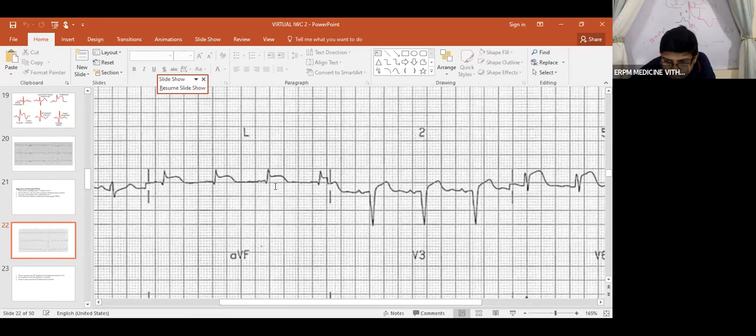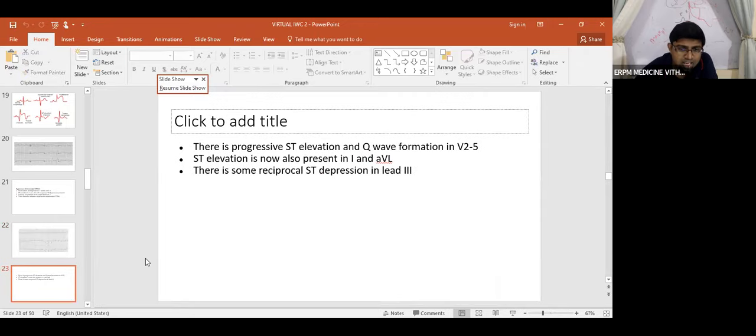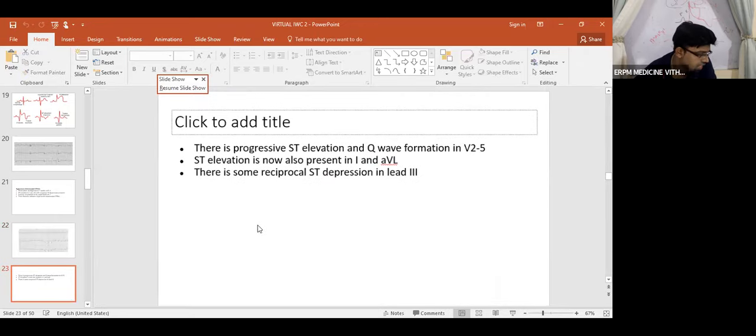Yes, sir. So look here, there is ST elevation and Q waves in V2 to V5. ST elevation is also there in lead 1 and AVL. There is some reciprocal ST depression in lead 3. Understood?